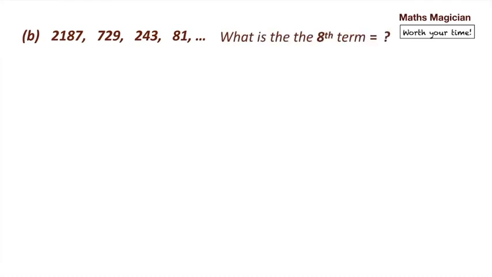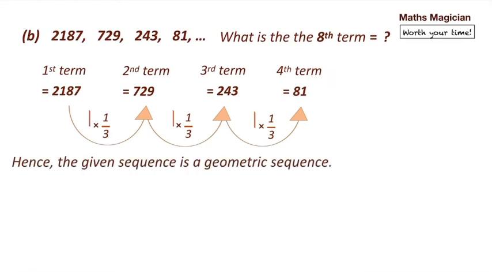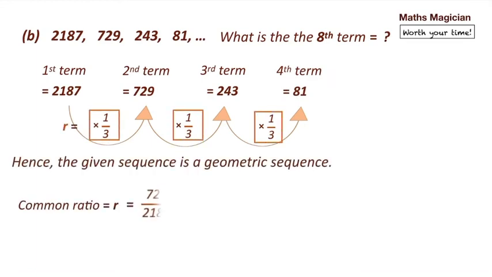Let's start second example. For the given sequence, what is the eighth term? Here we get next term by multiplying 1 by 3 to the previous term. Hence, the given sequence is a geometric sequence with common ratio r equal to 1 by 3.